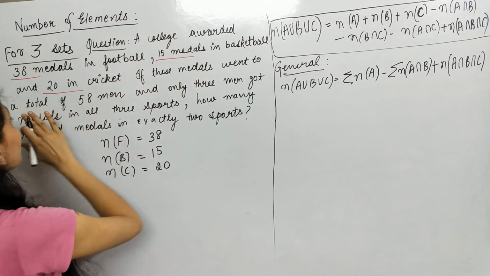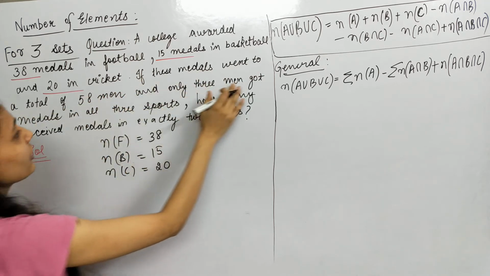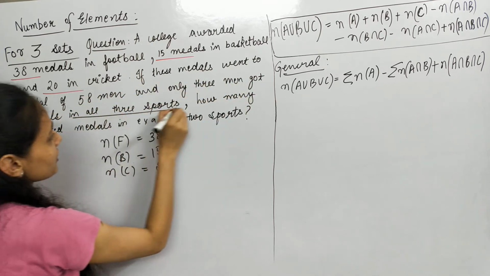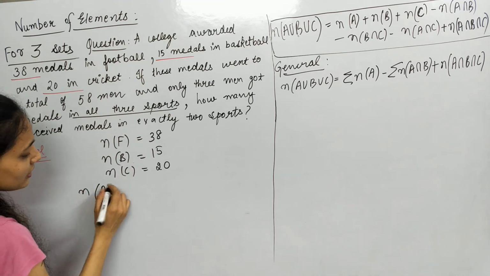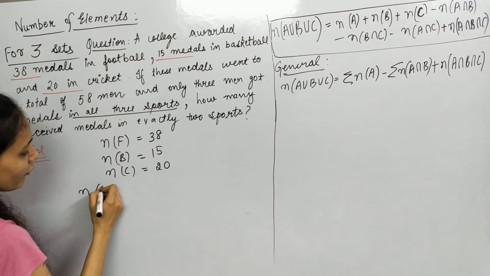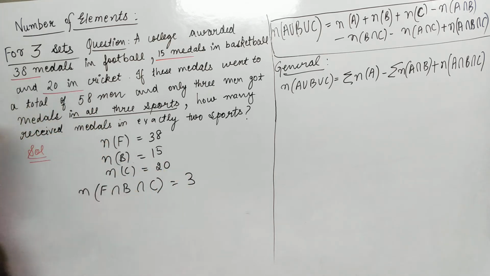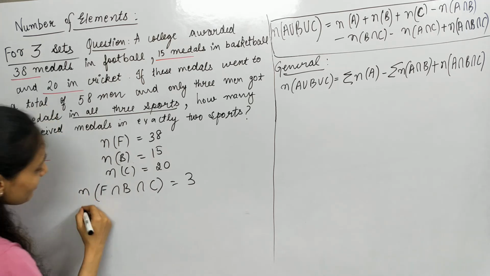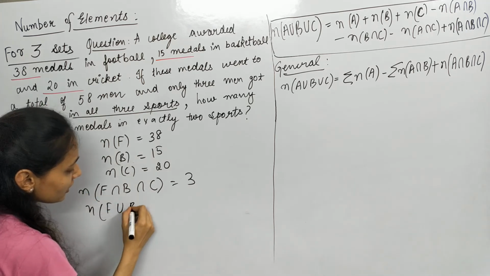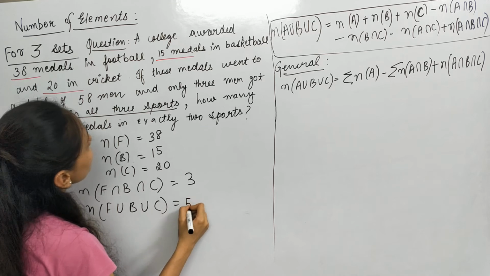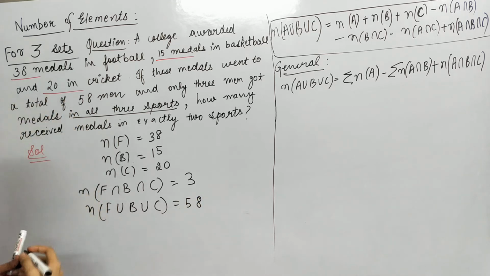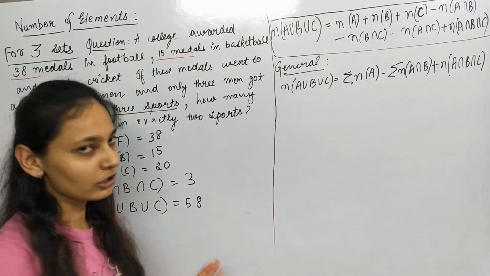If these medals went to a total of 58 men and only 3 men got medals in all the 3 sports. All the 3 means जब आपने इंटरसेक्शन ली, फुटबॉल इंटरसेक्शन बास्केटबॉल इंटरसेक्शन क्रिकेट, सिर्फ 3 मेन को तीनों में मेडल मिला है. ओके, एंड टोटल हमें दे रखा है कि टोटल कितने मेन थे, यूनियन कितनी थी इनकी, दैट इज 58. So in total 58 men got medals and 3 men got medals in all the 3 sports.